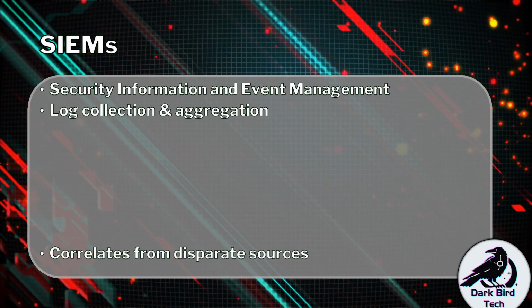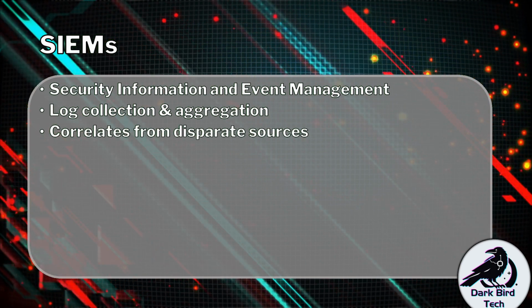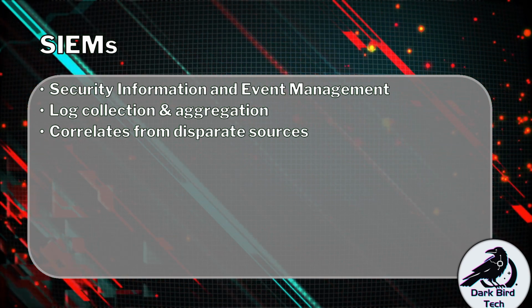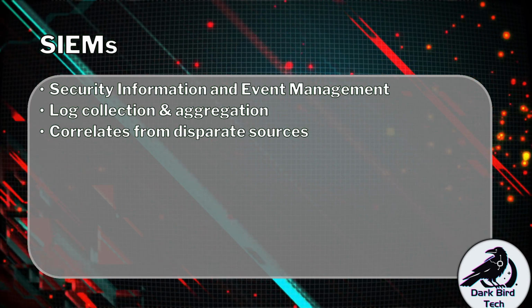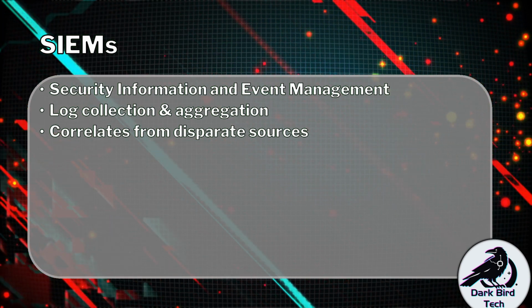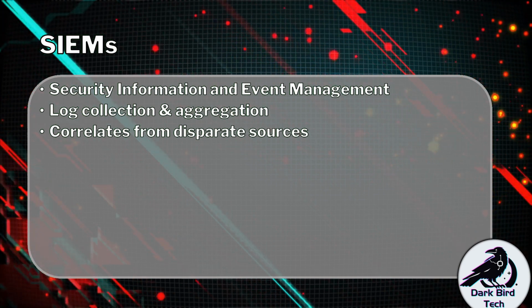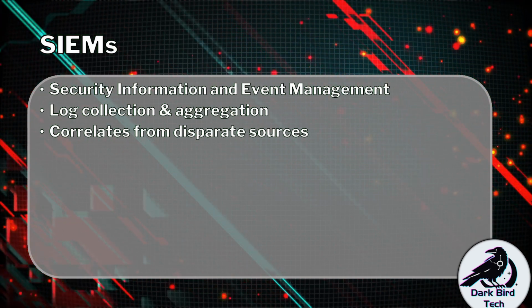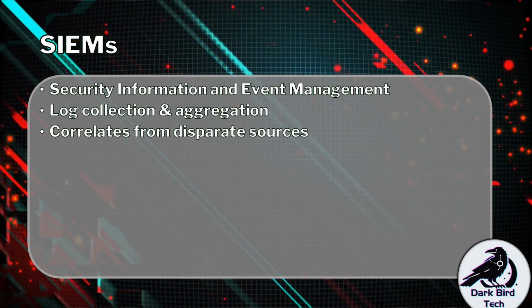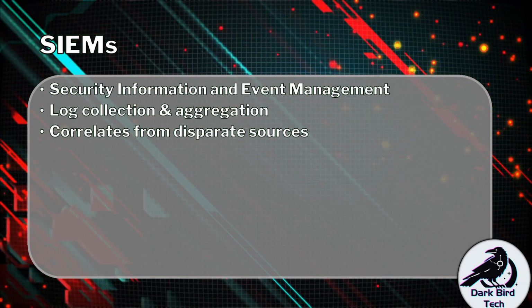The big advantage is it helps us correlate logs from different and disparate sources. For instance, you might have a salesperson travel to another country and VPN in on a regular basis. Cool. This salesperson is now overseas, remoting into the workplace. But half an hour later, the building access control system detects their access card being used to enter head office where you're at right now.